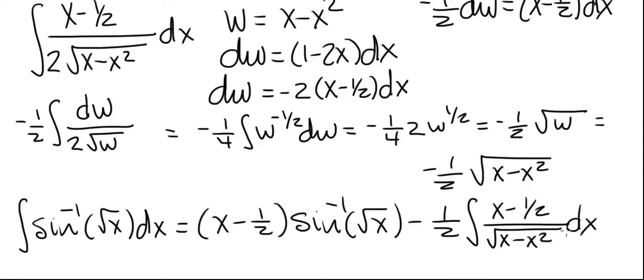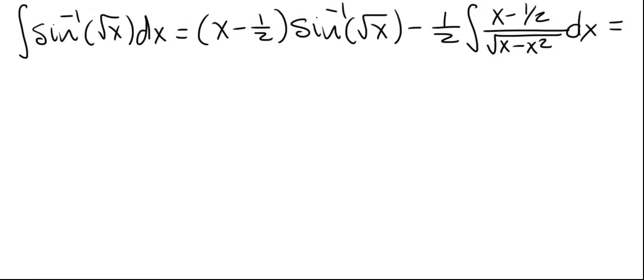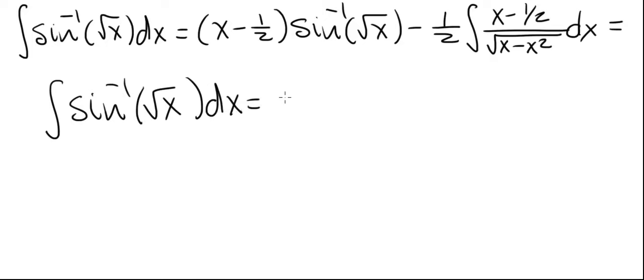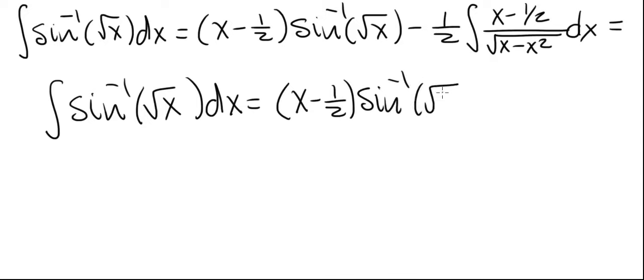This integral was minus 1/2 square root of x minus x squared, so the minus and the minus makes it a plus, and our final answer is the integral of inverse sine of square root of x is equal to x minus 1/2 times inverse sine of square root of x plus 1/2 times square root of x minus x squared plus c.